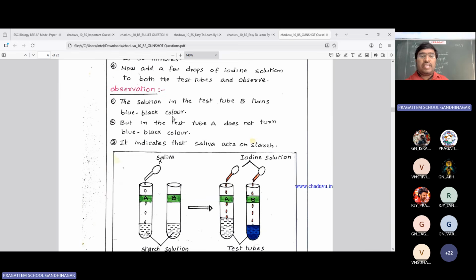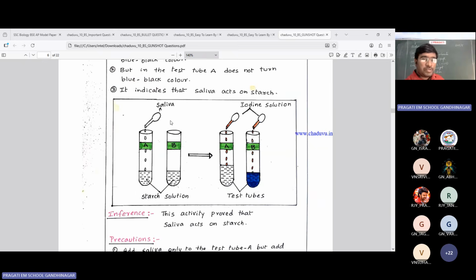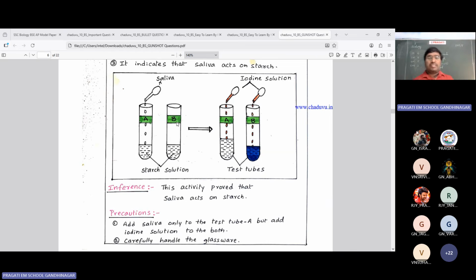Isn't it, children? It indicates that saliva acts on starch, so the simple sugars do not give any color change. Okay, children. So for this experiment, look here at the diagrammatic representation. This is the way you should represent the diagram, children.